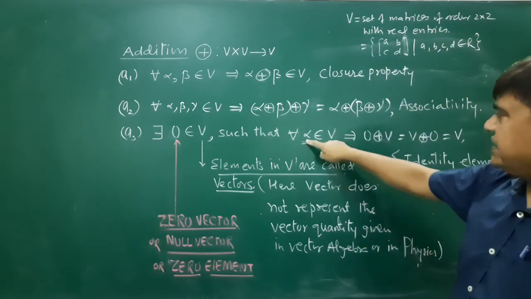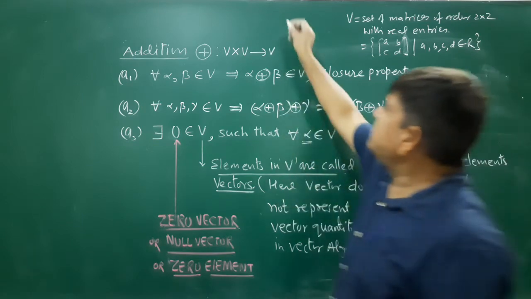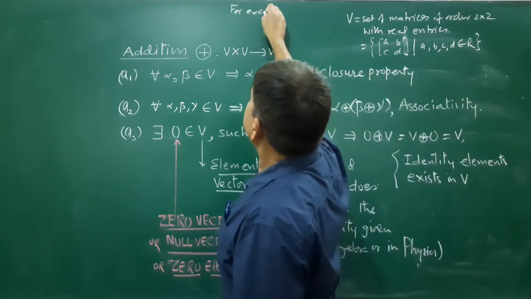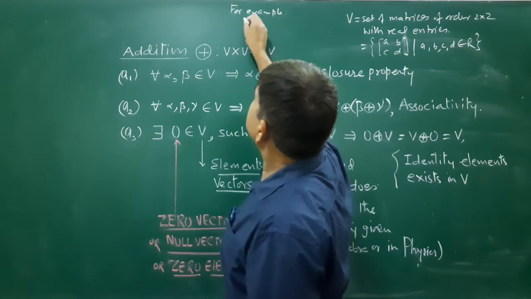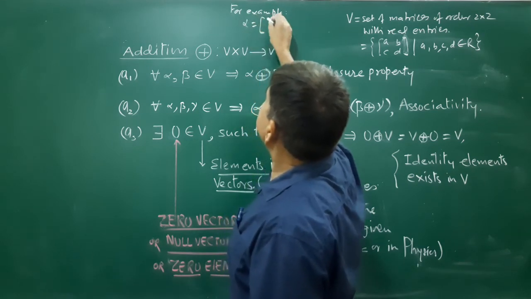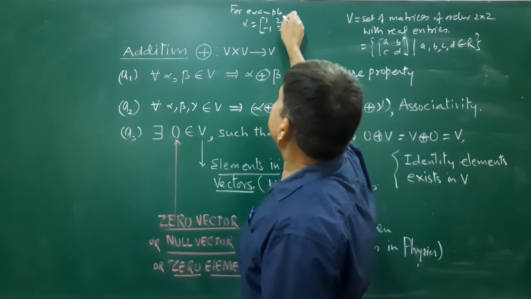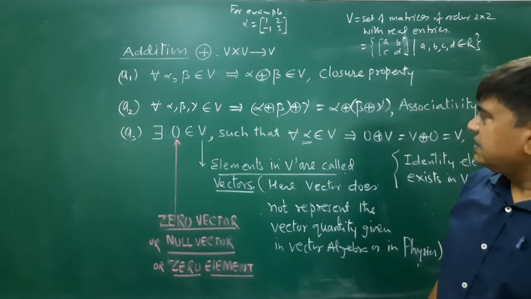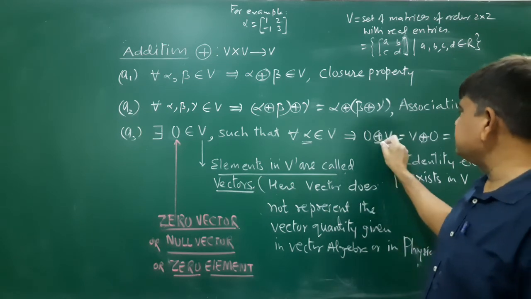So alpha is one of them. For example, alpha is 1, 2, minus 1, 3. Here the symbol is plus.